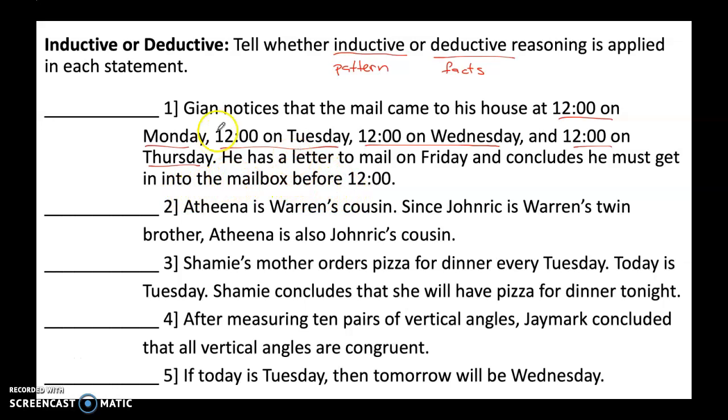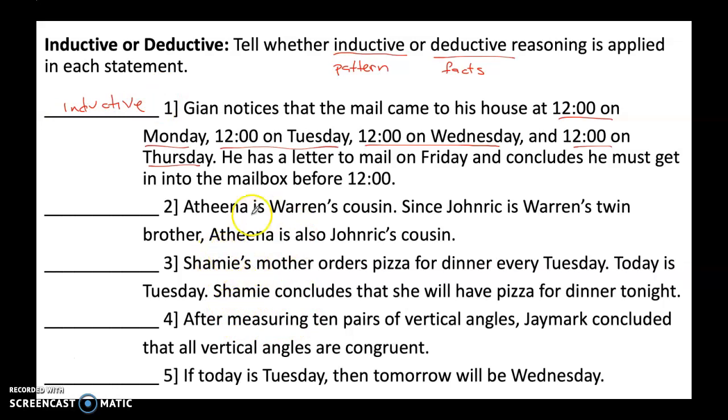So as you can see, Gian uses the pattern. So we have the pattern that the mail came on Monday, Tuesday, Wednesday, and Thursday every 12. Therefore, this is said to be inductive.